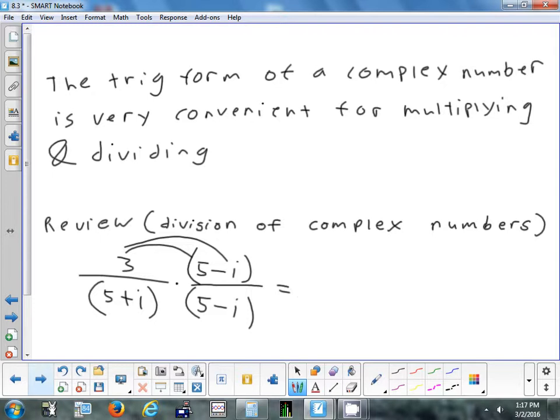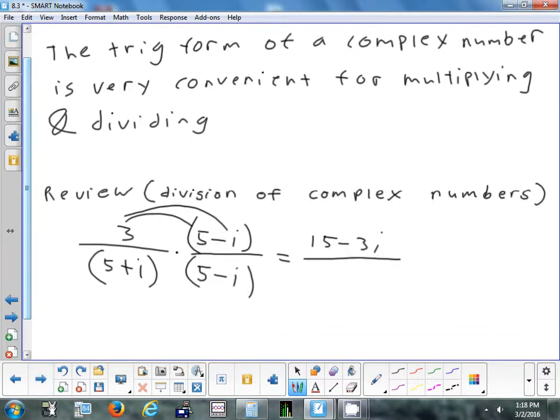So what do we get in the top? 15 minus 3i. And now the bottom, we'll FOIL it out. 5 times 5? 25. 5 times negative i, 5 times positive i, that cancels. What's a positive times a negative? Negative. i times i? i squared.